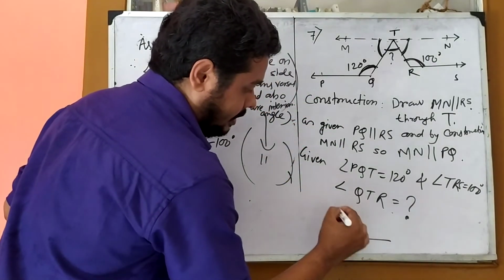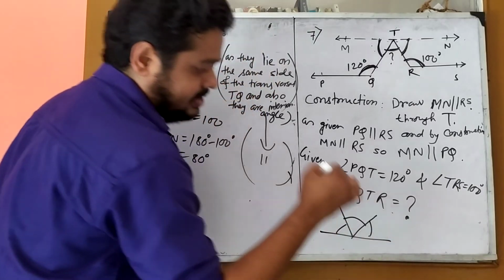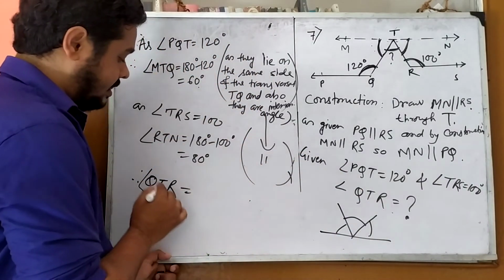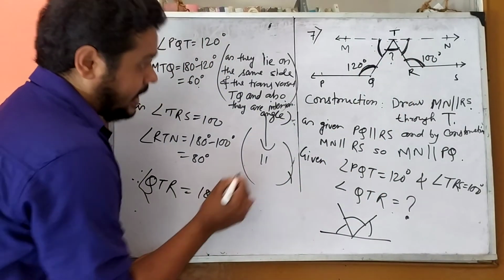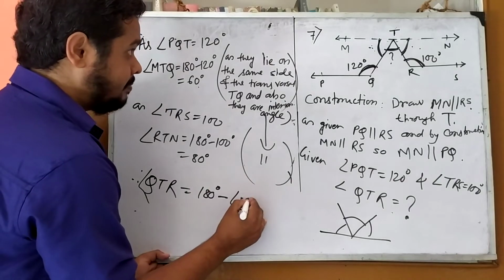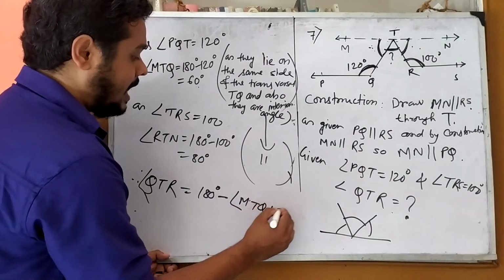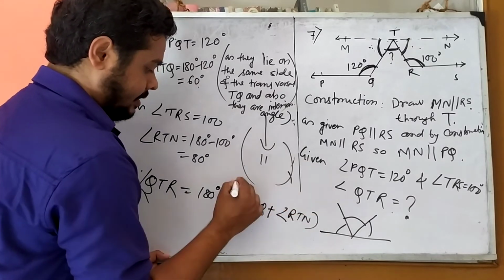So angle QTR equals 180 minus the sum of these two angles, that is MTQ plus angle RTN.